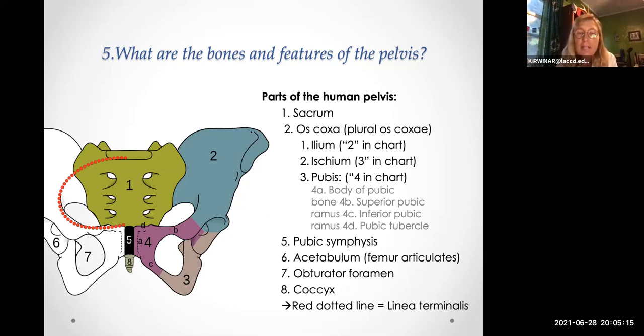The acetabulum, where the femur articulates with the pelvis, is number 6. The obturator foramen is that triangular shaped hole in the ischium, and it's number 7. The ischium is where your sit bones are, right? And number 8 is our internal tailbone called the coccyx, C-O-C-C-Y-X.